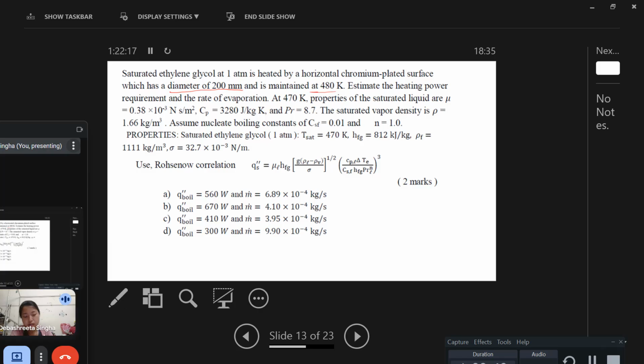Estimate the heating power requirement and the rate of evaporation. Heating power, that means Q, you need to find out. Flux also you can say, because power is anyway energy by area. And also the rate of evaporation, that means m dot.